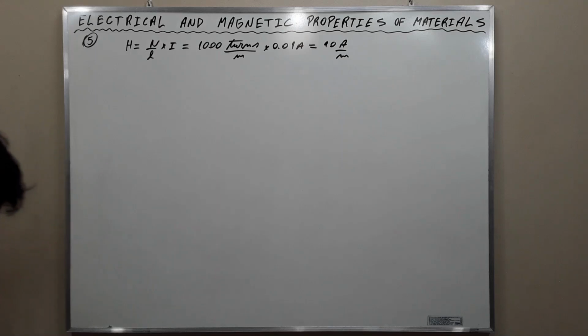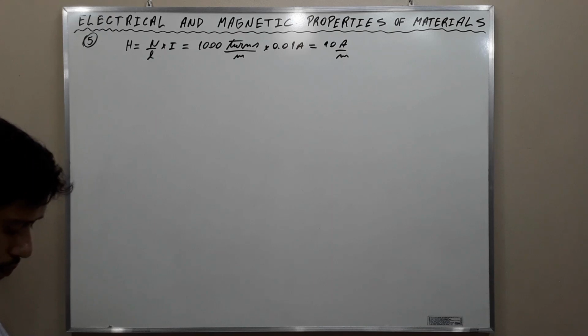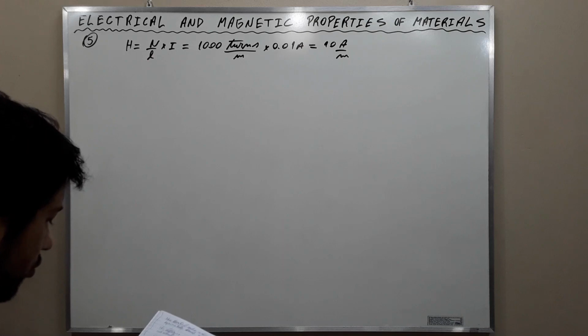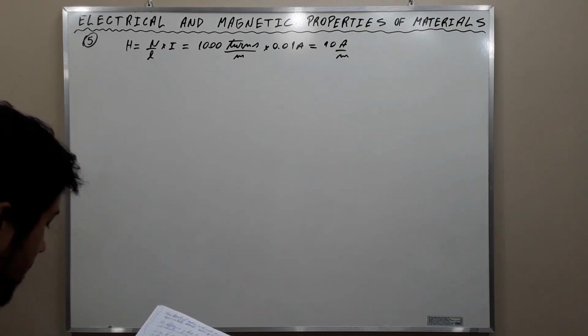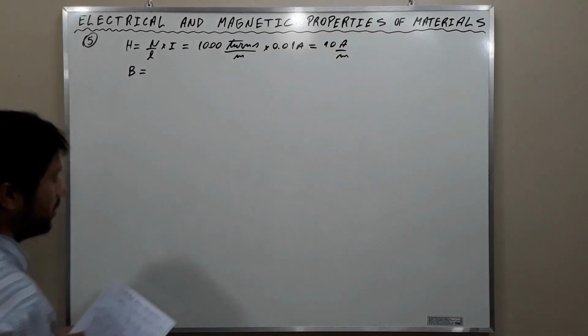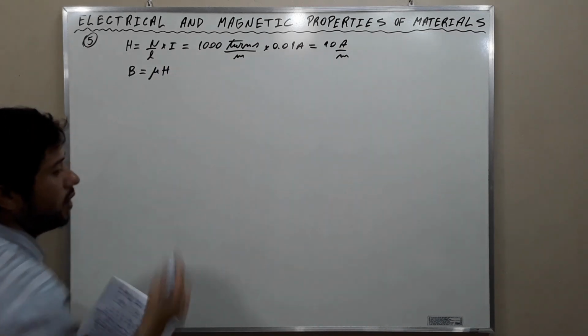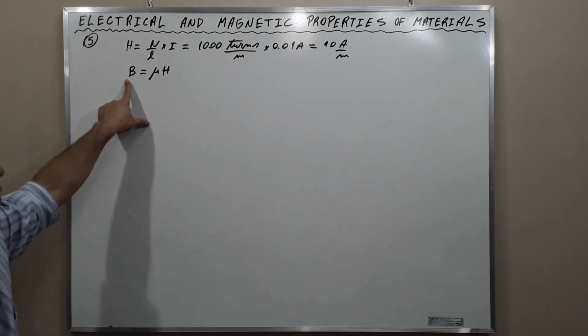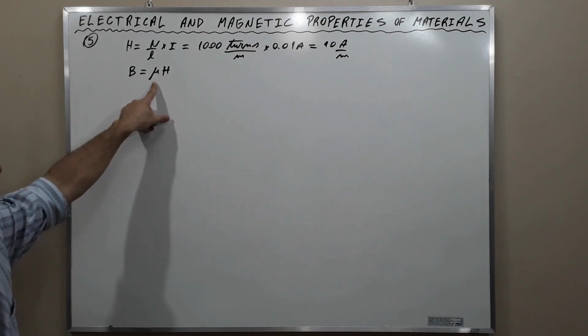Alright? If the flux density must be at least 0.2 Tesla, then we are going to use the flux density to calculate the permeability of the core. We know that the magnetic flux density is equal to mu times H. The magnetic flux density is related to the magnetic field intensity by the permeability of the material.